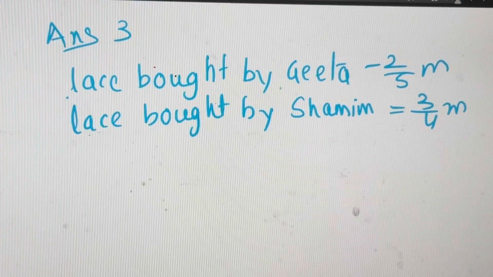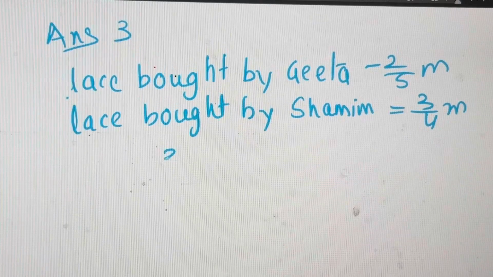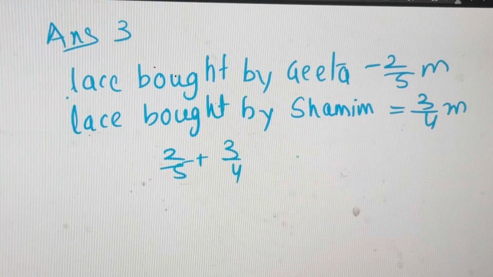Okay, so we need to find out the total. Total means here we will add. So 2/5 plus 3/4, right?